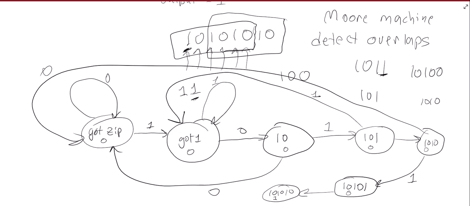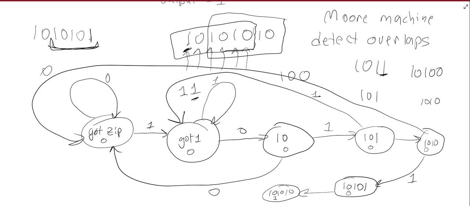And not only that, if we get a 1 on our next sequence, so if I have 1, 0, 1, 0, 1, 0, 1, then I have 1, 0, 1, 0, 1.